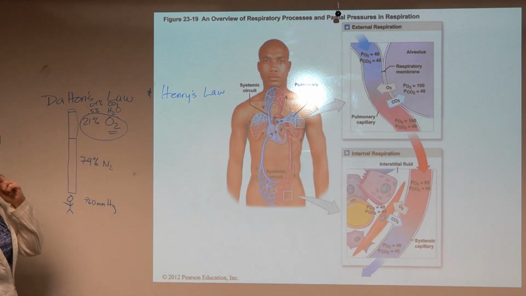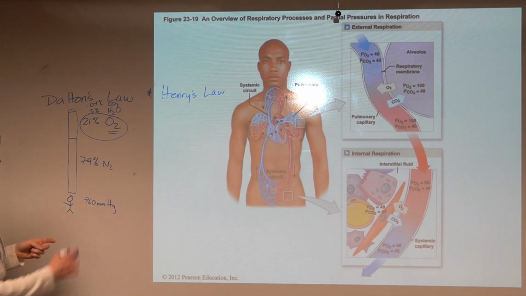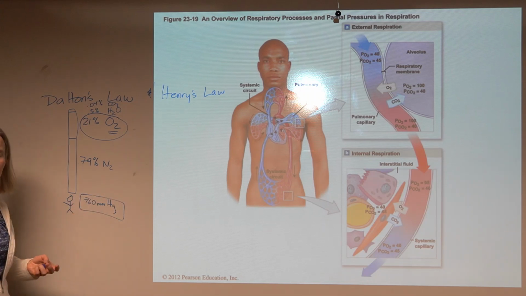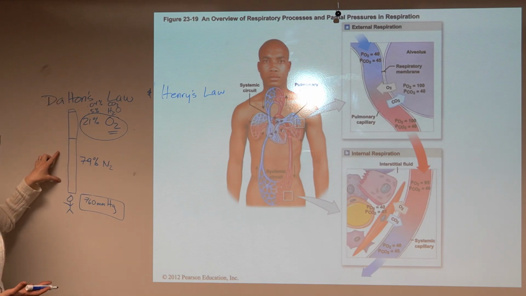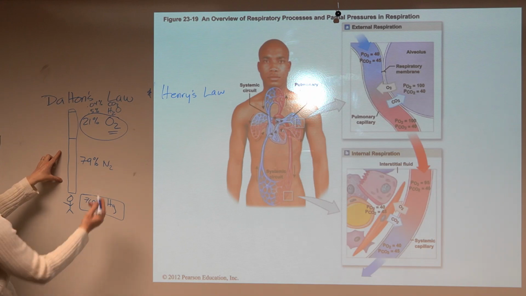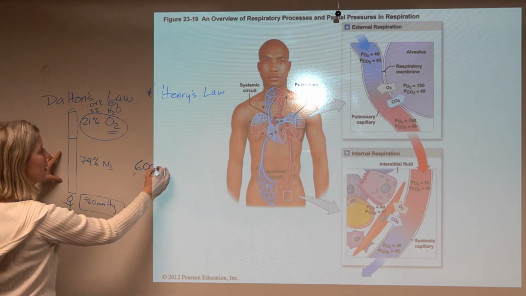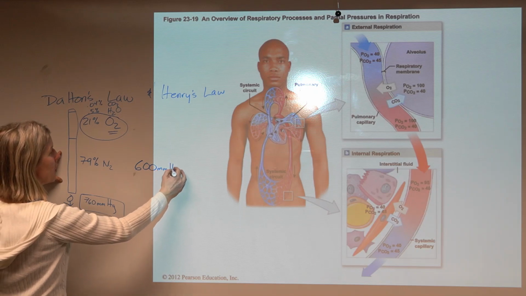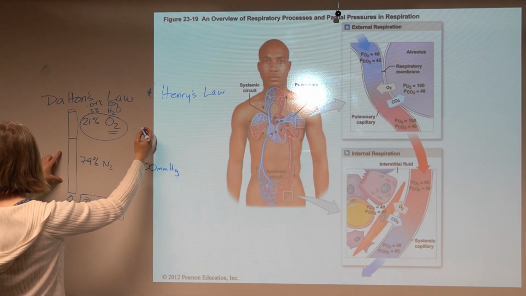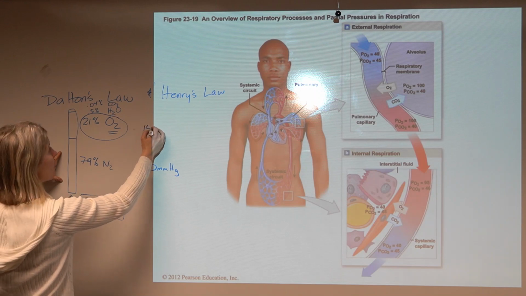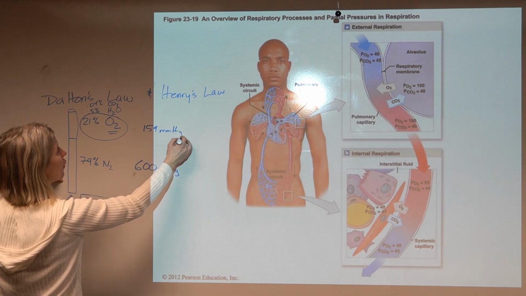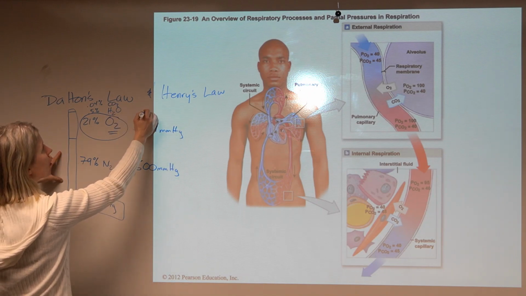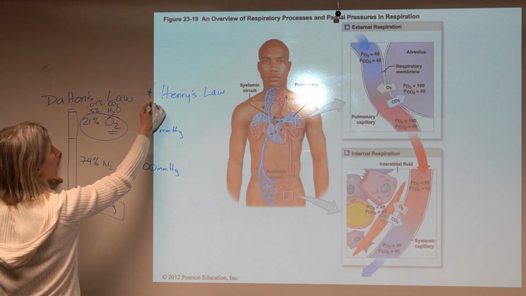Okay, so basically what you would do here is you'd say, if I know I have 760 millimeters of mercury of total pressure, basically 79% of that pressure is coming from nitrogen. I already wrote this down. So that's about 600 millimeters of mercury. Oxygen, always 21%, 159 millimeters of mercury. And then these are really tiny, like 0.3 and 0.03, something like that.